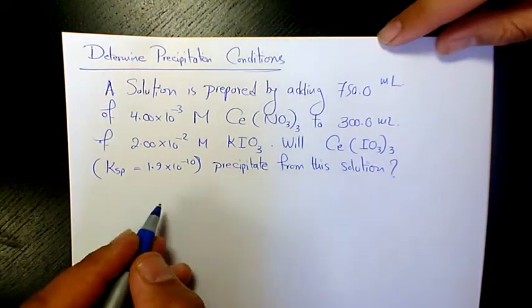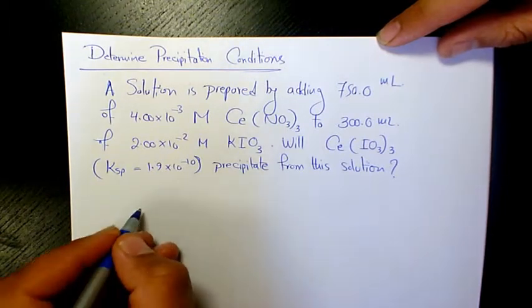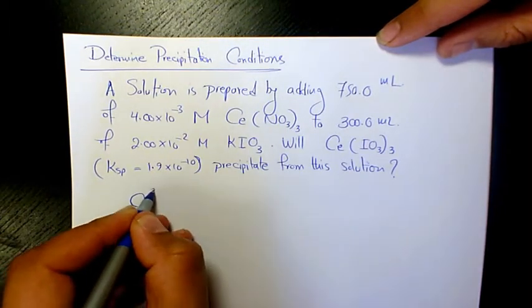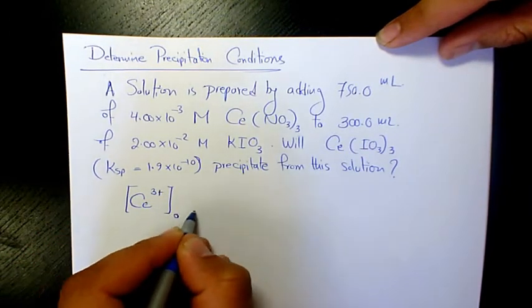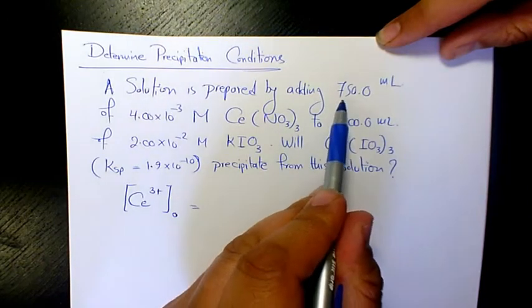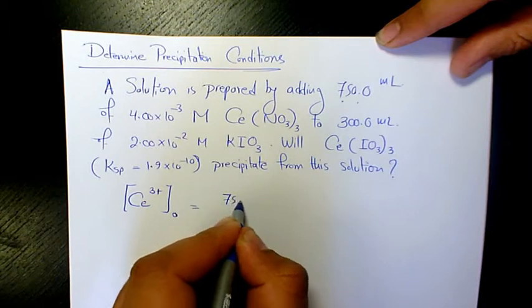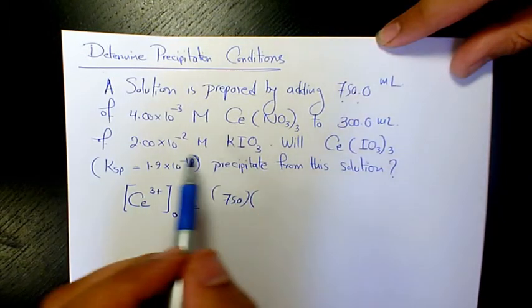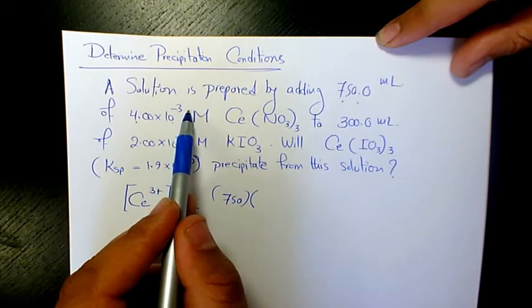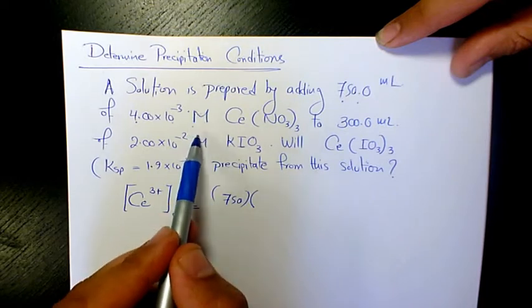First of all, we need to find out the initial concentration of cerium and the initial concentration of iodate. Cerium is 3 plus in this case. Initial concentration is going to be 750 milliliter times 4.00 times 10 to the power of negative 3 molar, which is mole per liter or millimole per milliliter.